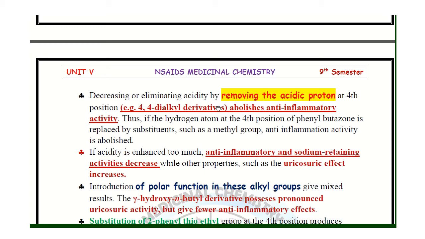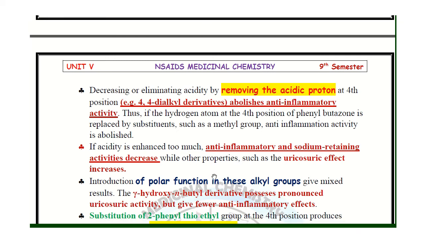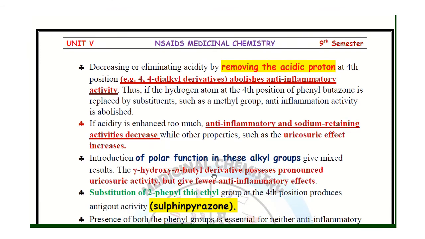On the other hand, if acidity is enhanced too much, by any substituent that can enhance acidity, then the anti-inflammatory and sodium-retaining activity can decrease because of the increase beyond the limit of acidic character. But properties like the uricosuric effect can increase. Uricosuric is the ability to excrete uric acid.